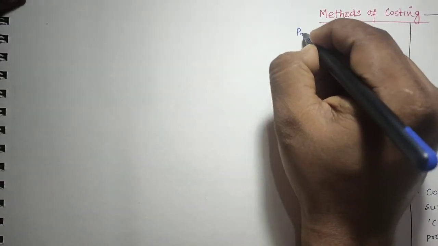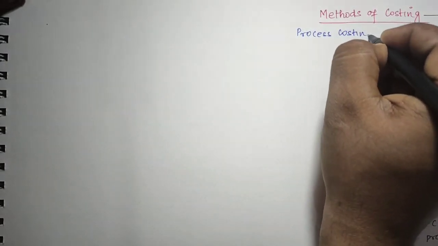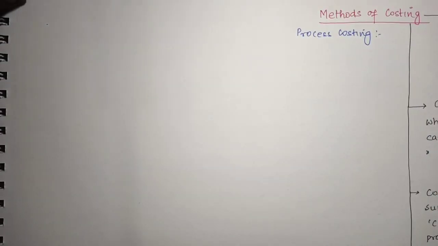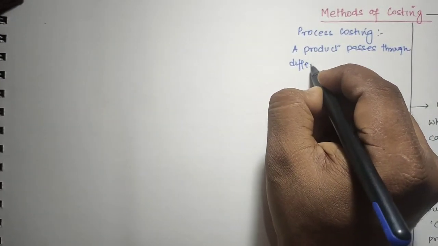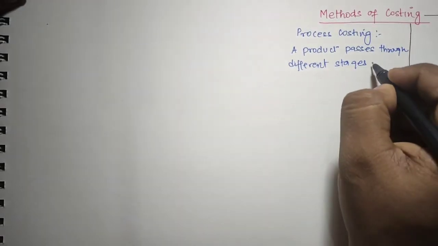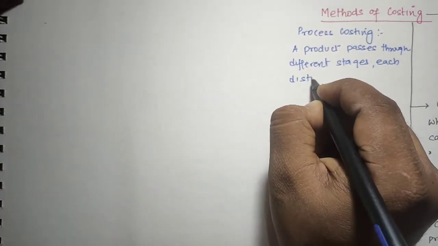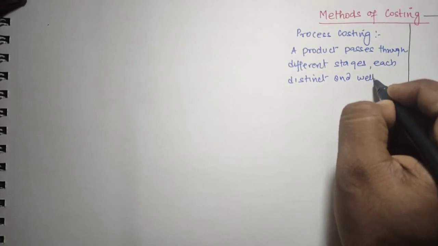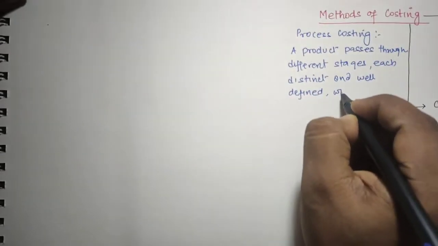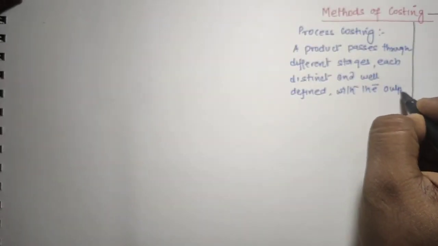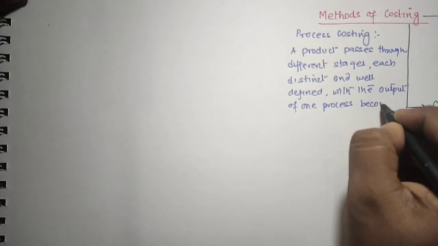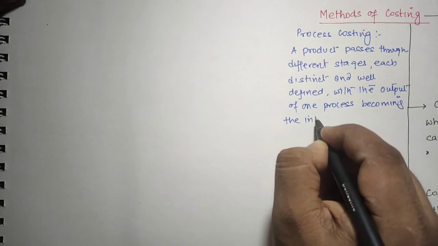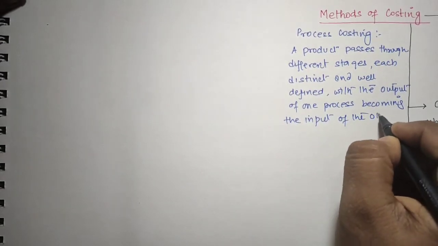Next method is process costing. In this method, a product passes through different stages, and each stage is distinct and well defined, with the output of one process becoming the input of the other.